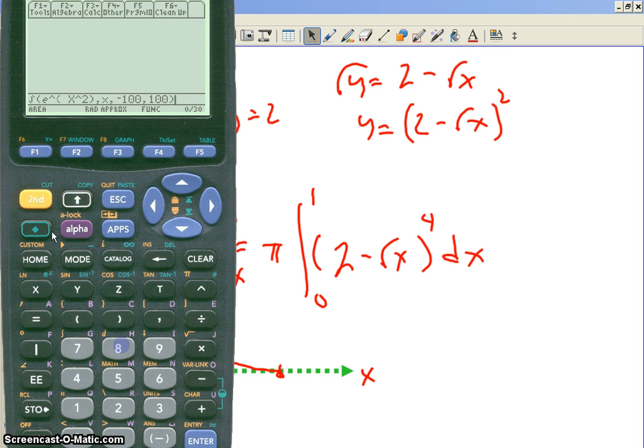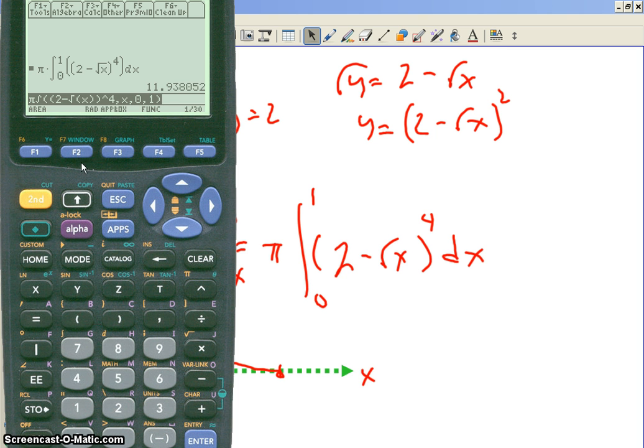Second caret is pi, and then second 7 for the integral. We take the quantity 2 minus rad x, raised to the 4th power, with respect to x from 0 to 1, we said, right? And so what do we get?